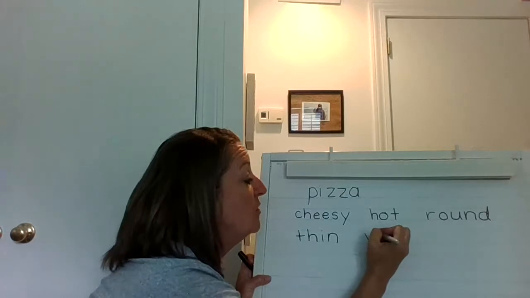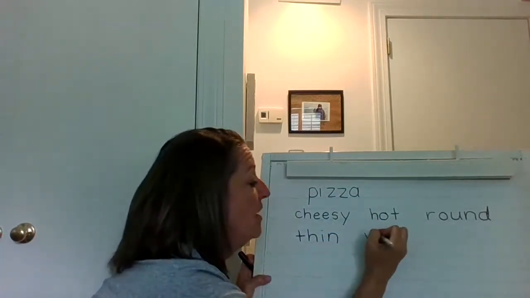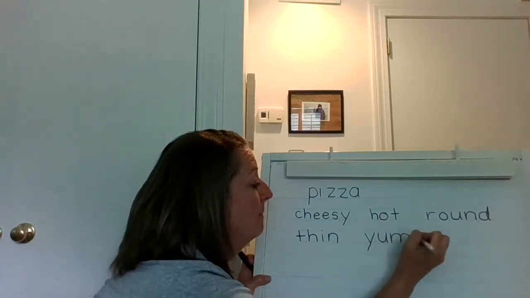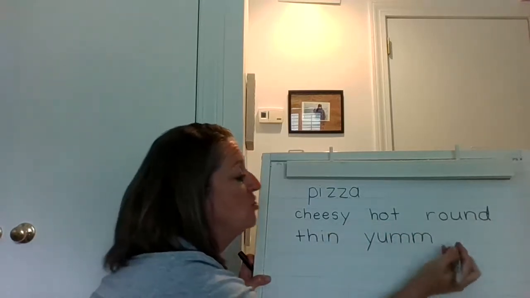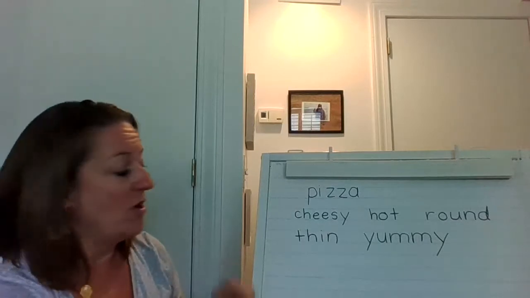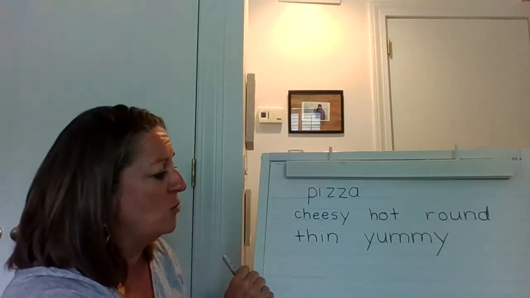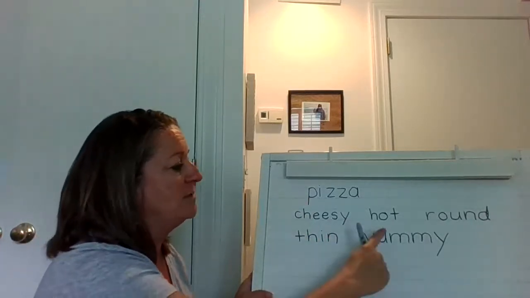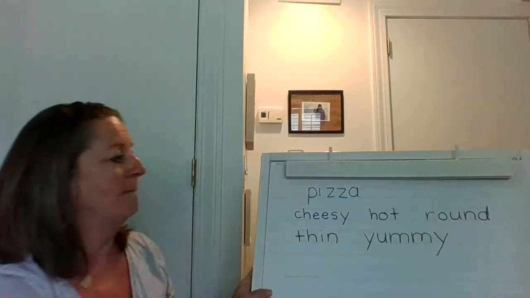And then another short vowel, like he's trying to think, that U. Yum. And then that Y goes on the end, just like cheesy. Yummy. Okay? So I have thought of five adjectives or describing words to use for my topic pizza. Cheesy, hot, round, thin, yummy.